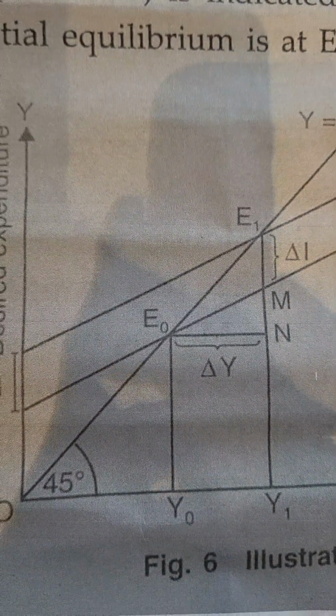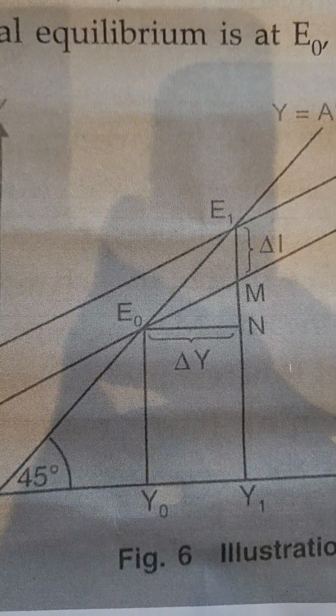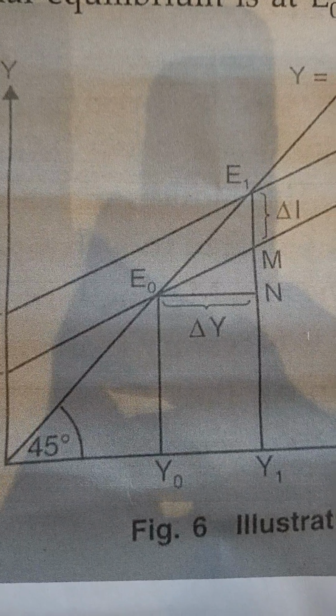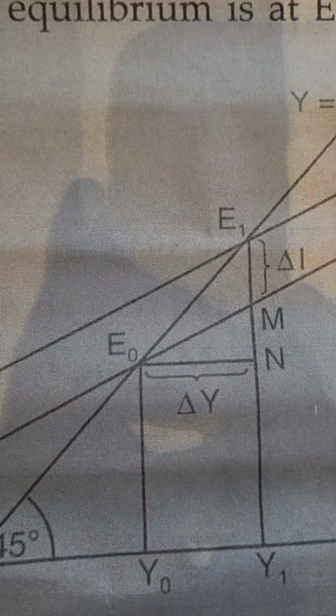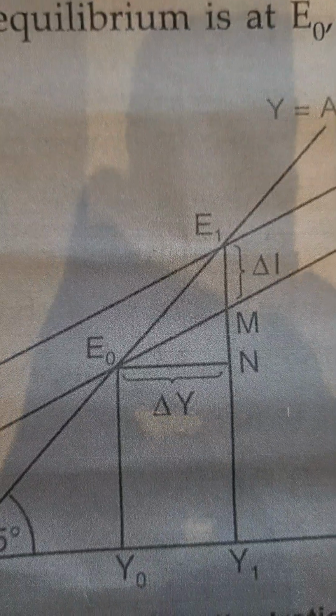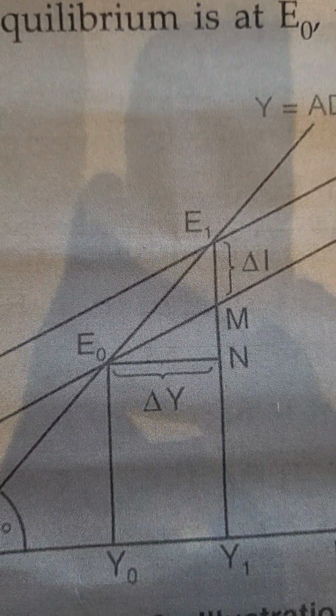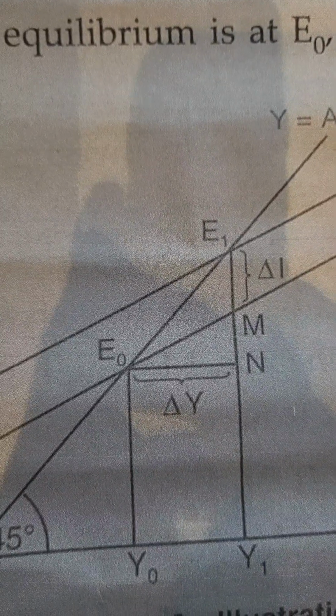Remember similar triangles: these are corresponding angles when we consider parallel lines and a transversal. Anyway, this is a 45 degree angle. Then in this triangle E1, E0, N, angle E0 is 45 degrees.